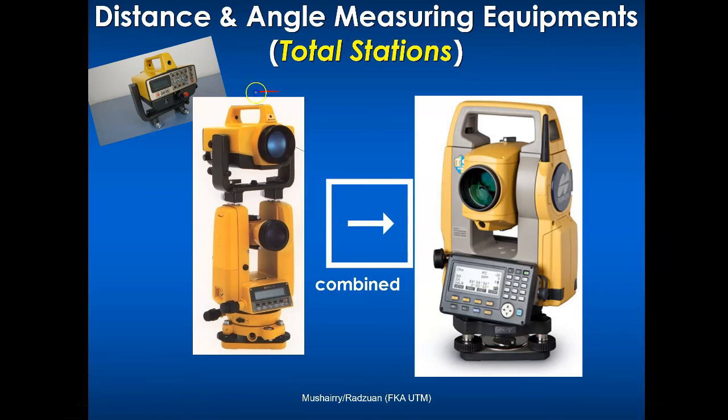We used to have a theodolite and an EDM to do our traverse work, but now those two pieces of equipment are combined into a single piece of equipment like that, which is called a total station. So a total station is basically a theodolite plus an EDM built together, integrated.